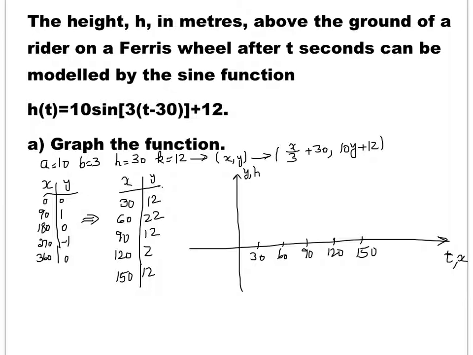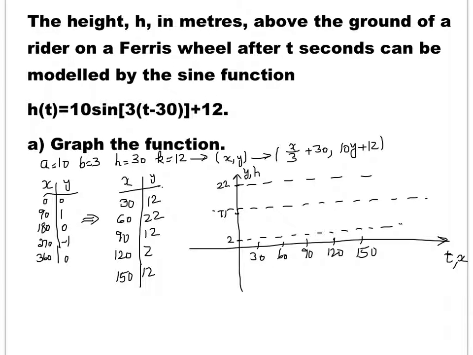And our y values, the minimum is 2, the maximum is 22. So if this is 22, then this is 11, then we can assume that here is 2. So this is our maximum, this is our minimum, and 12, which is somewhere around here, is our midline.